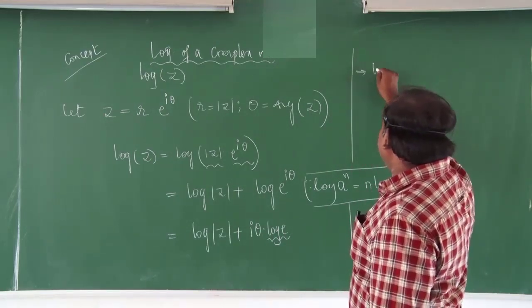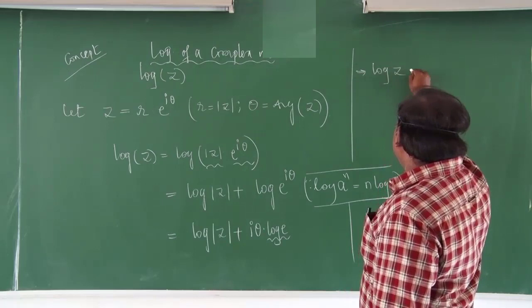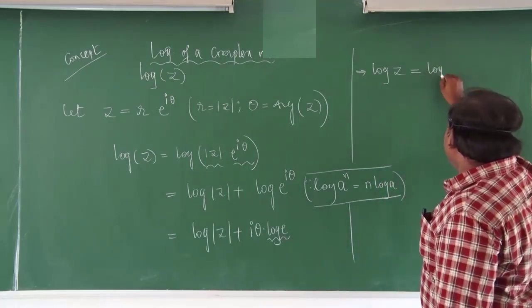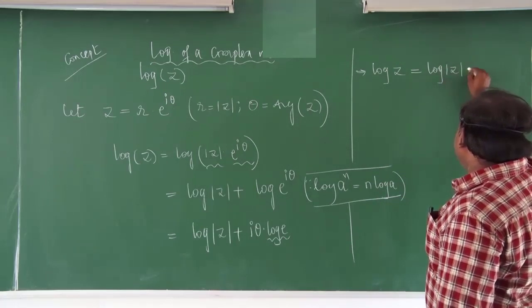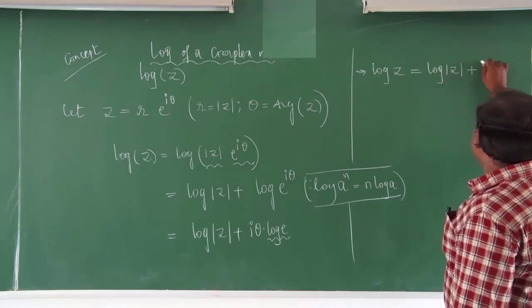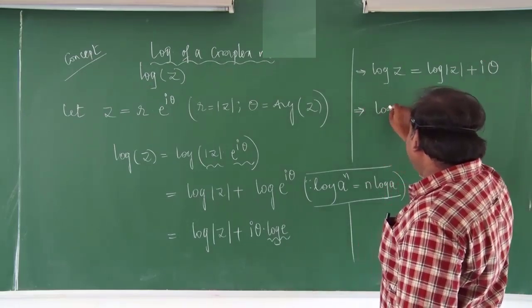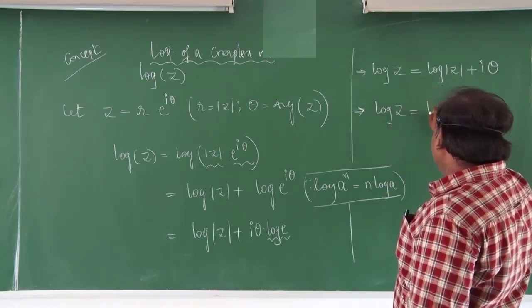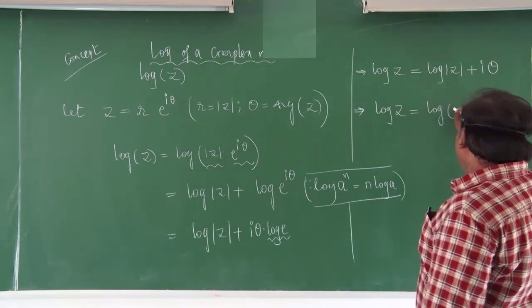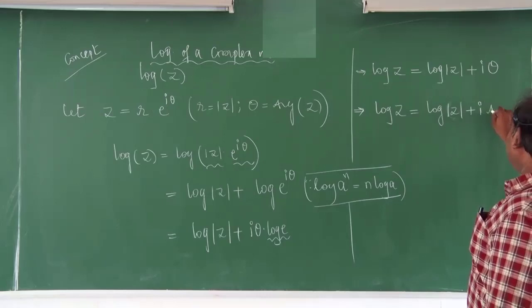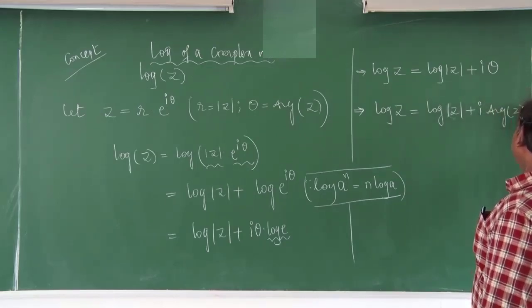So in total, logarithm of z is equal to logarithm of mod z plus i into theta, which means logarithm of z is equal to logarithm of mod z plus i into argument of z.